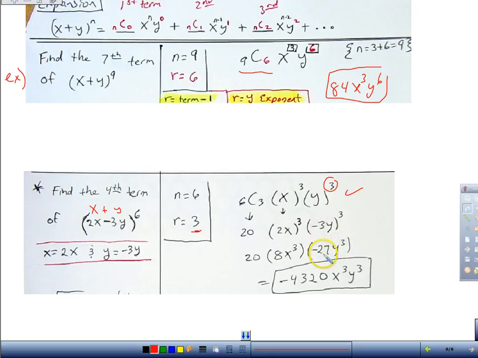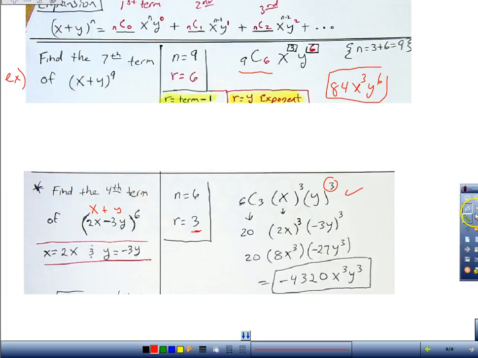I'm going to take the negative 27, the 8, and the 20, and multiply them all out. I get minus 4,320 x to the third, y to the third. Okay, and that is the answer. And that is all for this particular problem because it's only asking for one term.